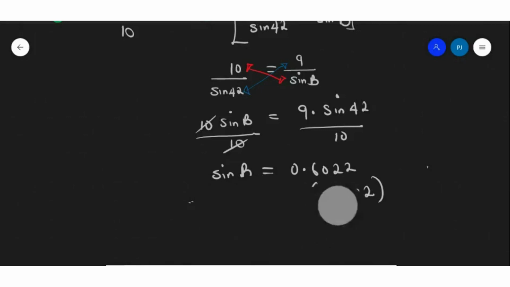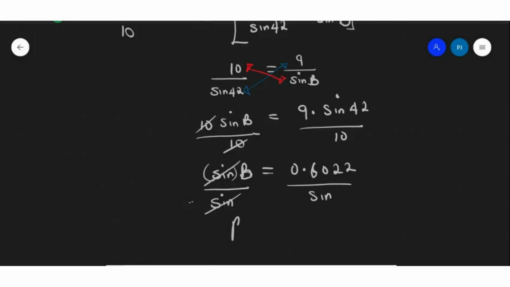I'll just explain this quickly. In other words, to remove the sine from b, you have to divide both sides by sine, right? Remember this is always to the power of 1. So if you divide both sides by sine, you have b left equals, now let's take the sine upwards.